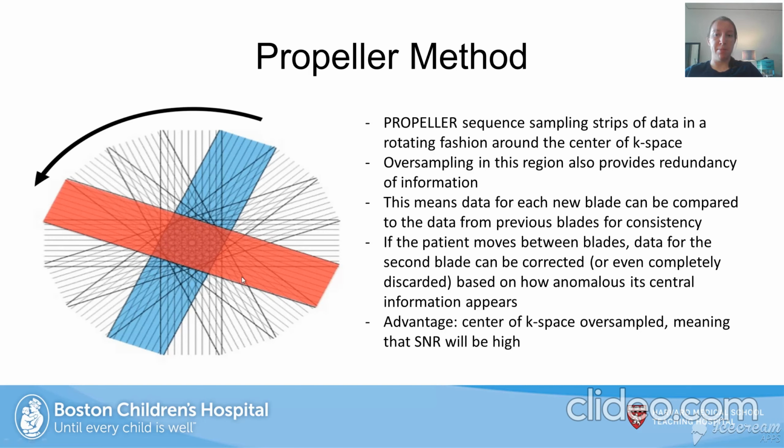If the patient moves between blades, the data for the second blade can be corrected or even completely discarded, based on how anomalous its central information appears. The advantage of this method is that the center of K-space is oversampled, so that image will have higher SNR, which is an advantage.